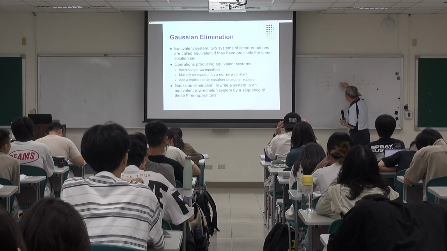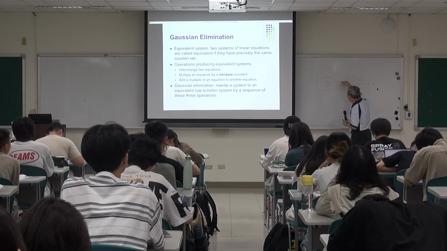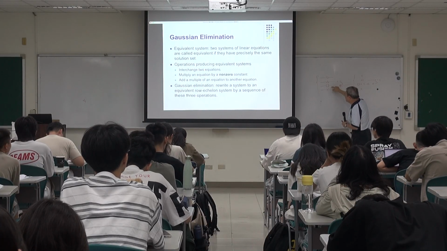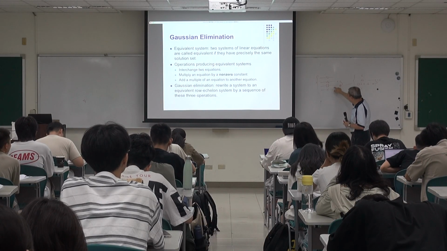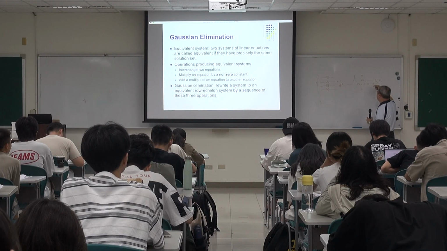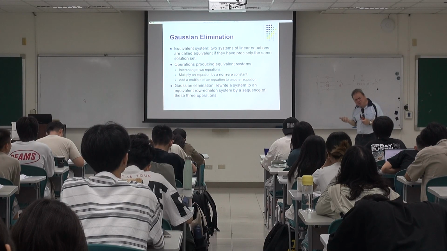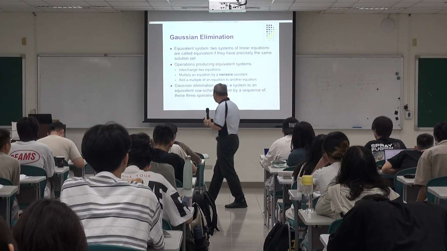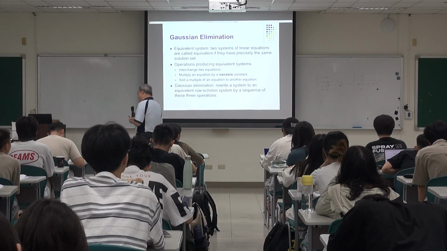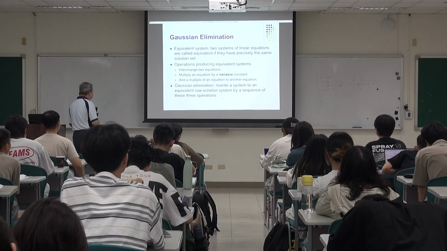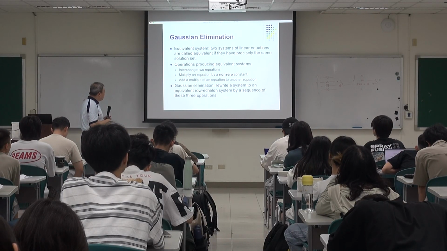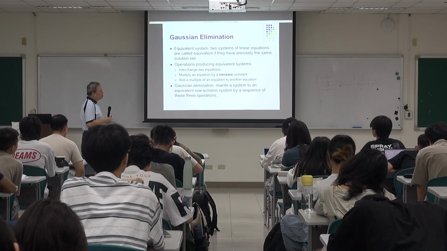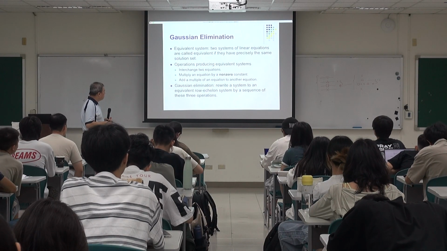So multiply this equation and add to the other equation. This operation can be exactly reversed. I'm just showing you that. Because of that, this operation shouldn't change the solution space.